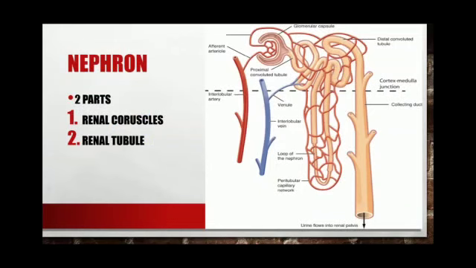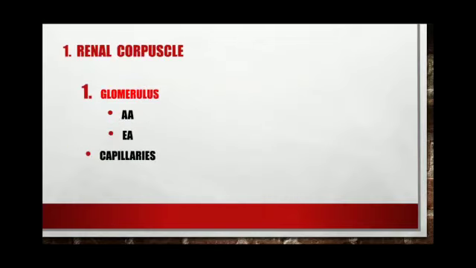Now let us discuss in detail the nephron. It has two parts, as I mentioned, the renal corpuscle and the renal tubule. The renal corpuscle, or the Malpighian corpuscle, includes the glomerulus and the Bowman's capsule.